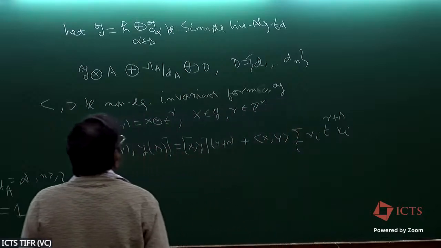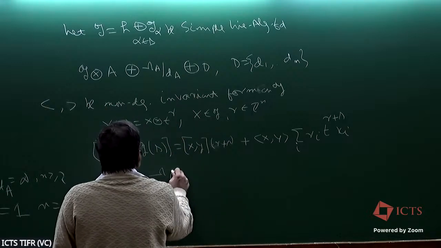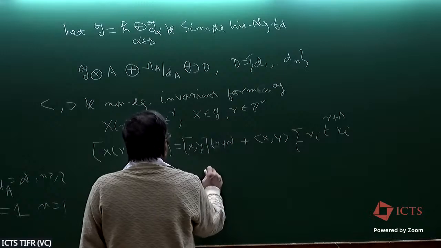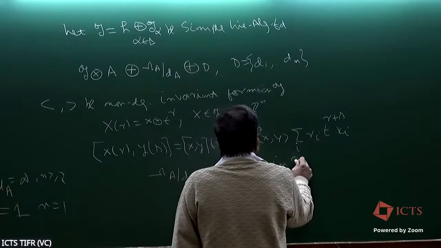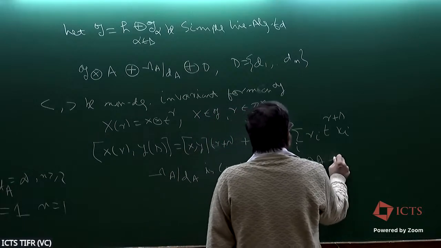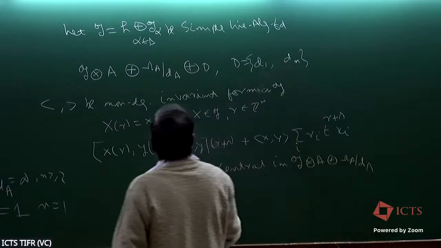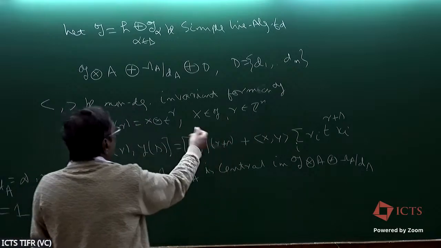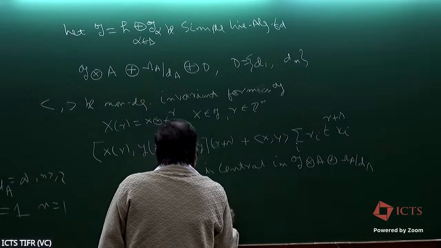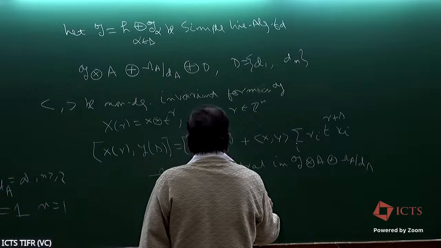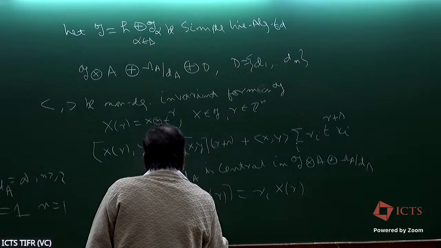That's the Lie bracket, and the d, and this is central. And d actually measures the gradation. These are all graded by Z^n. So d just measures the gradation. Between them, there is no commutator.